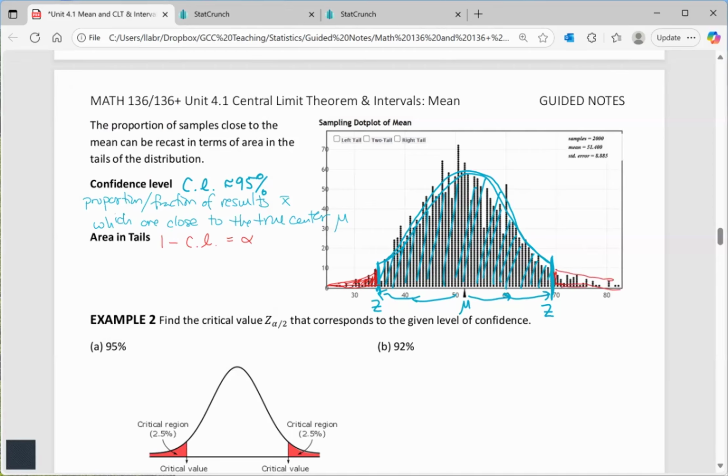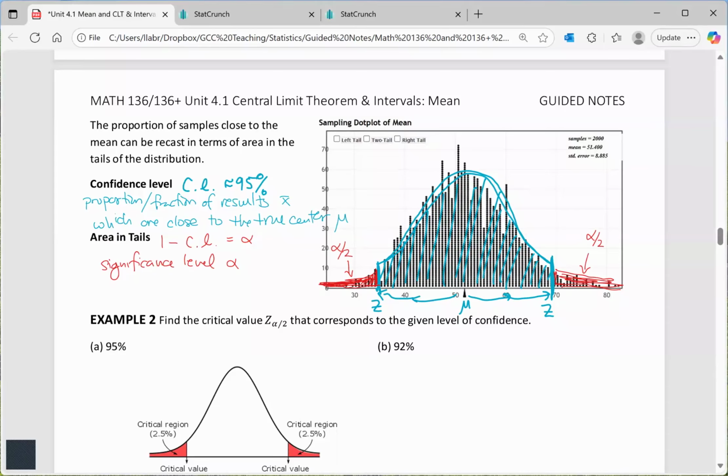So both of these tails put together have an area or proportion of results of alpha. So this is called the significance level alpha. And what I want to notice is that if the area in both tails is alpha, then each tail has an area of alpha divided by 2. So this tail here is alpha divided by 2.